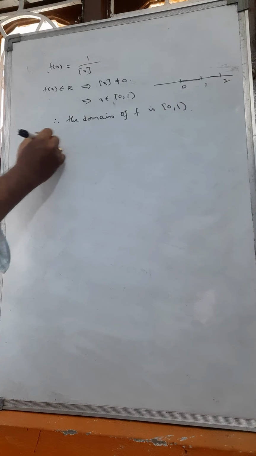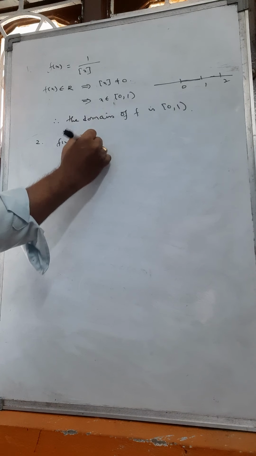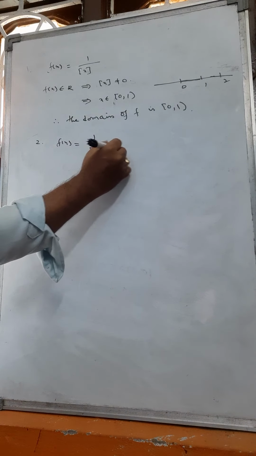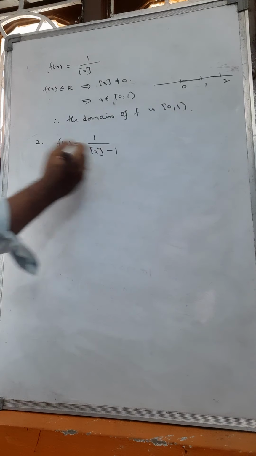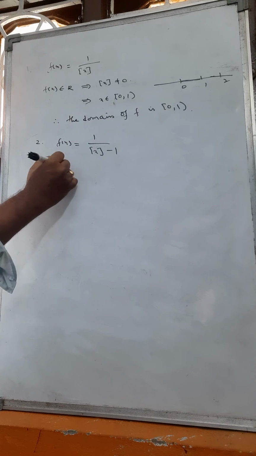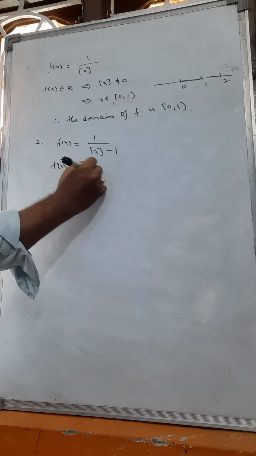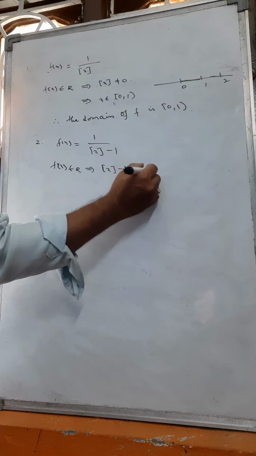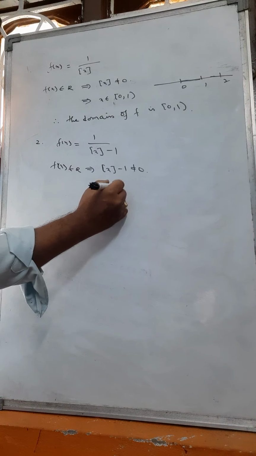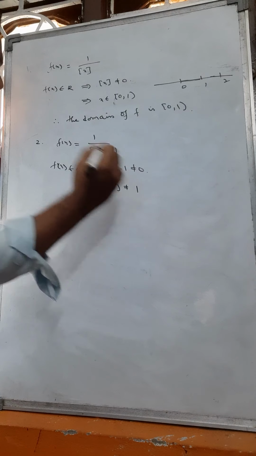The second problem, f(x) = 1/([x] - 1). So f(x) belongs to R, so [x] - 1 is not equal to 0. So we will get [x] is not equal to 1.